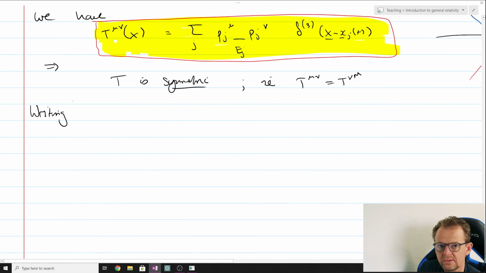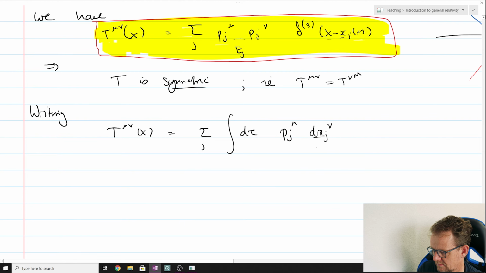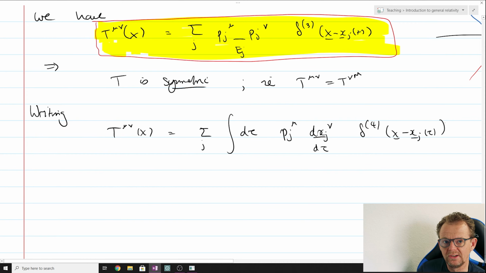I'll give you a couple of hints on how to convince yourself that this actually is a tensor. If you write T mu nu x as an integral over the proper time, so this is a big hint, and so far we have a threefold Dirac delta function, but now I've introduced a fourth Dirac delta function, so now we've got 4 dimensions in the story.